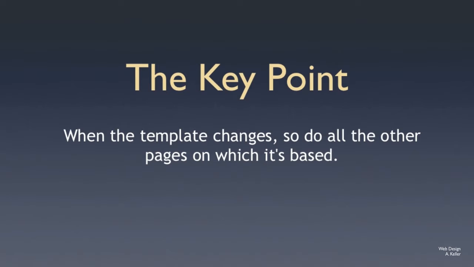Now note, it only offers to update those parts of pages that are shared by everything on your site. And when you make one change rather than a whole bunch, not only do you go faster, but you give yourself less opportunity to make mistakes.